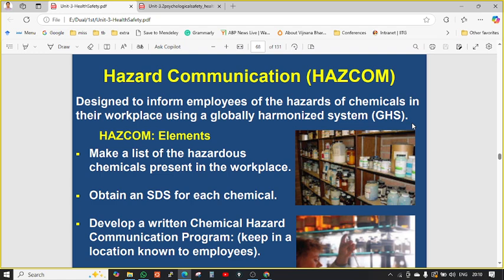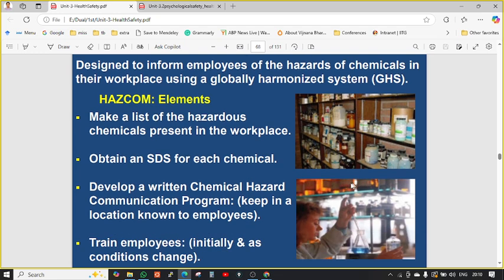The Globally Harmonized System, GHS, means the workplace should be known by all people, not only the managers and the workers. All people who are entering the workplace should know all the things. Which chemical, for example, see here, there are lots of chemicals stocked in the rack.